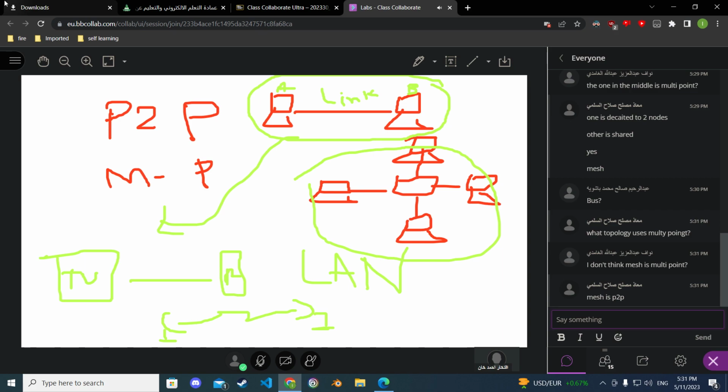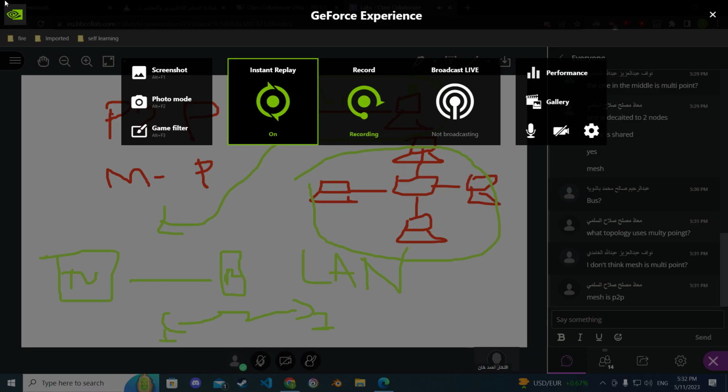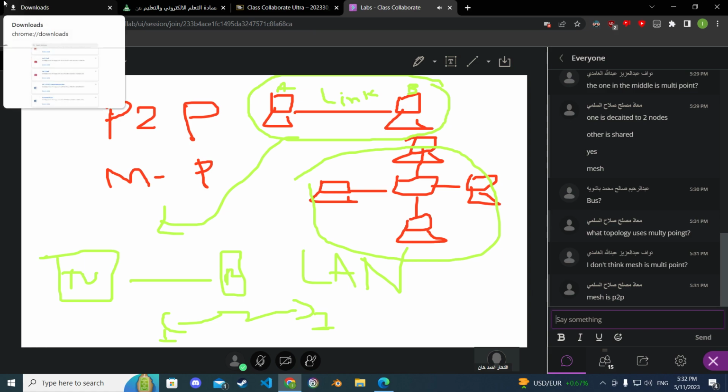Star topology uses multi-point. Workstation to workstation is point-to-point.